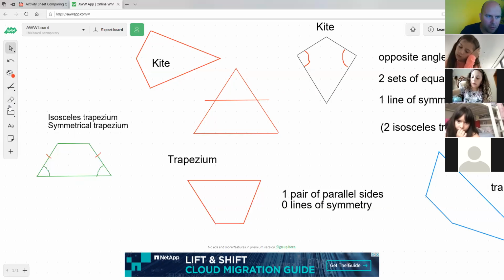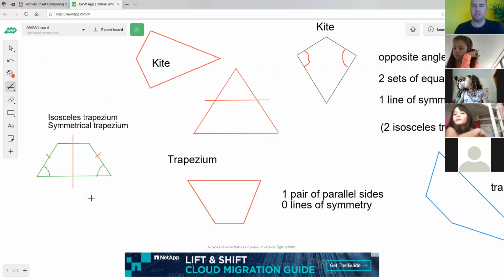So let's just draw that line again, in half. Okay, so that's your isosceles or your symmetrical trapezium.